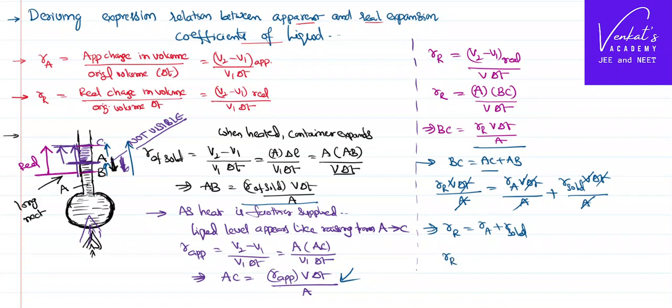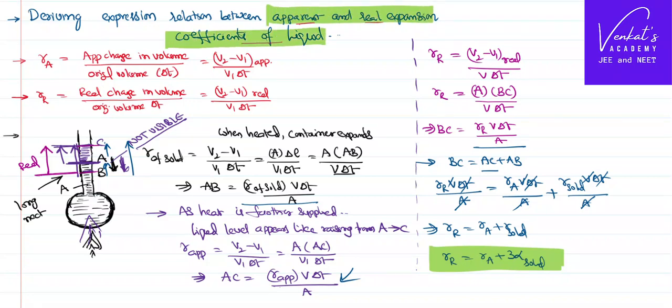You can also write gamma real of the liquid as gamma apparent plus 3 times alpha of that solid container. That's the relation between gamma R and gamma A, between apparent expansion coefficient and real expansion coefficient. I want you to understand that all this is because a container is required to heat up a liquid.